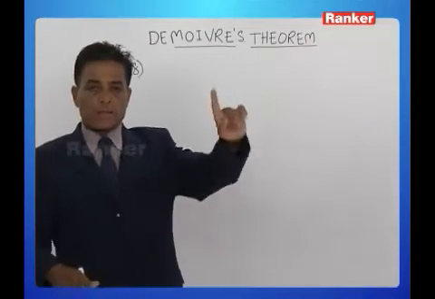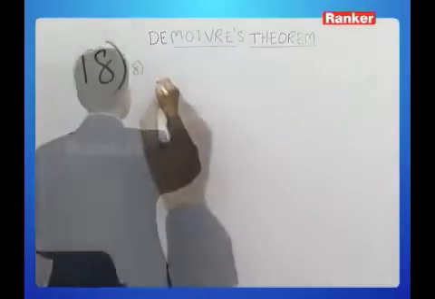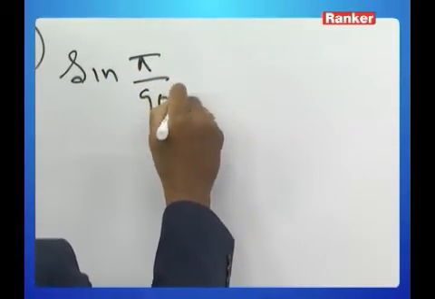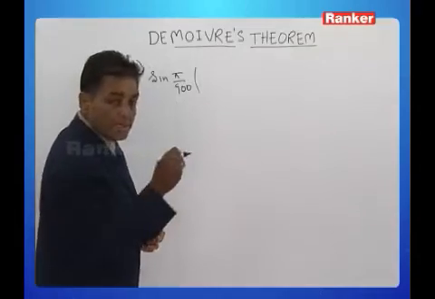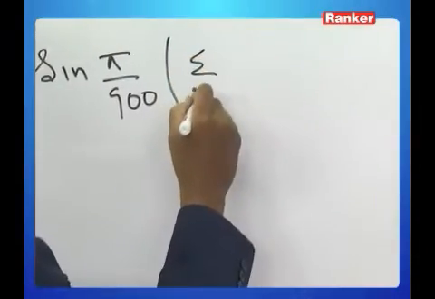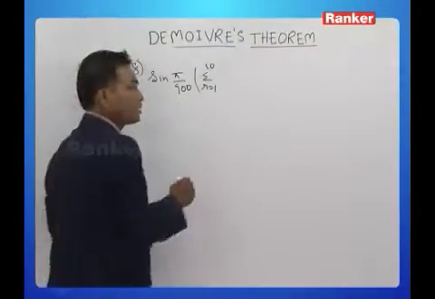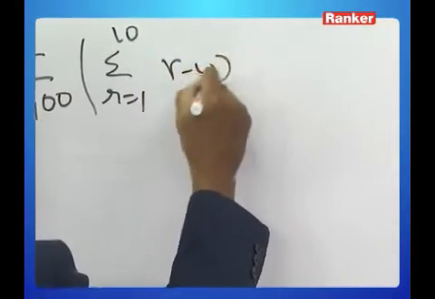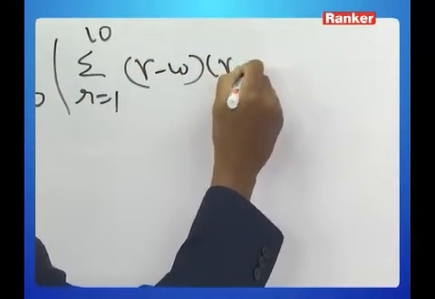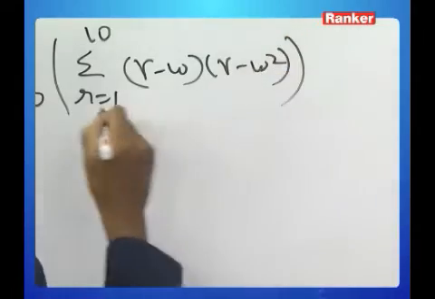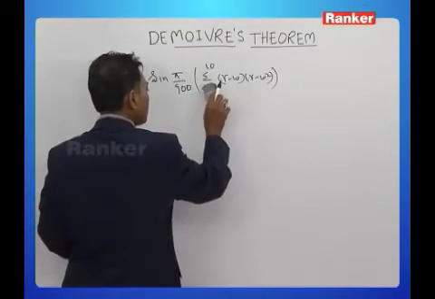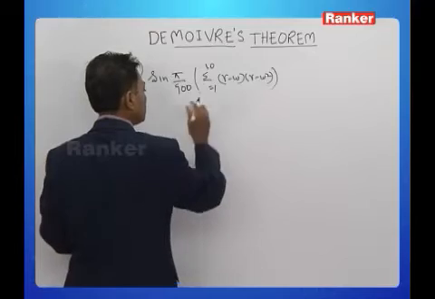Question number 18. Sin of pi by 900 into sigma r from 1 to 10, (r minus omega) into (r minus omega square) is equal to, this is your r, of course, this is not gamma, this is r only, we will write R here.